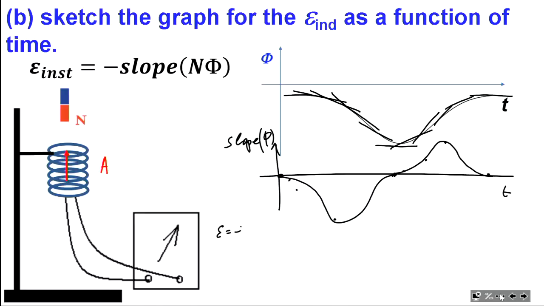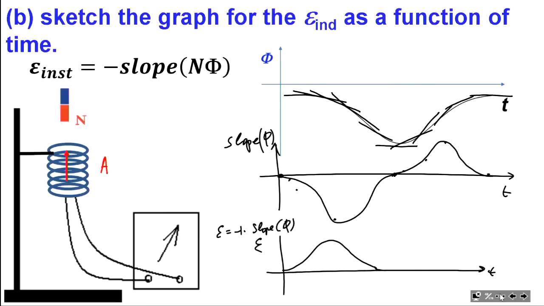EMF is equal to -1 times the slope. So if you want to sketch the graph for the EMF as a function of time, you just have to take this graph and flip it. That's what this means, multiplying by -1. So flipping, something like this.